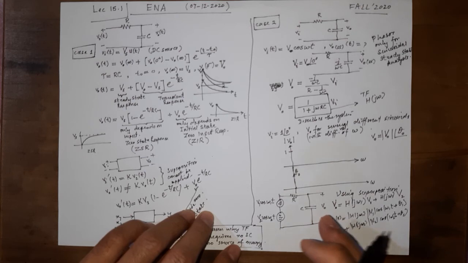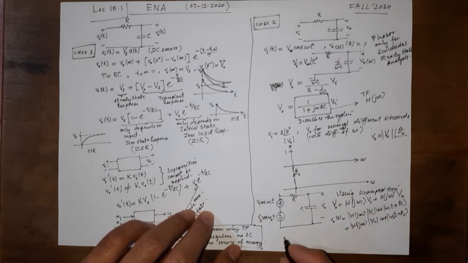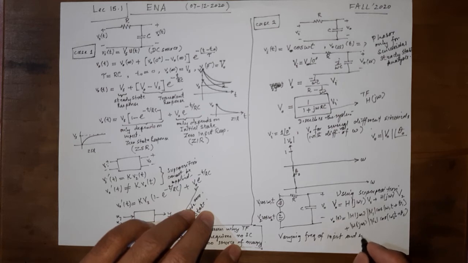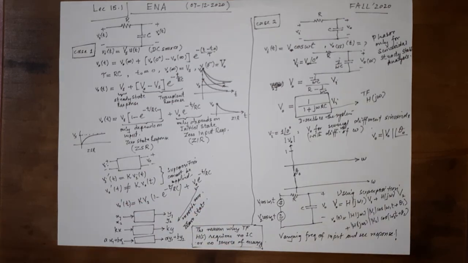So if we are somehow now interested in varying the frequency of the input and seeing the response, by response we mean output, how to handle this? Till now we have looked at things from the time point of view, that the output is a function of time.